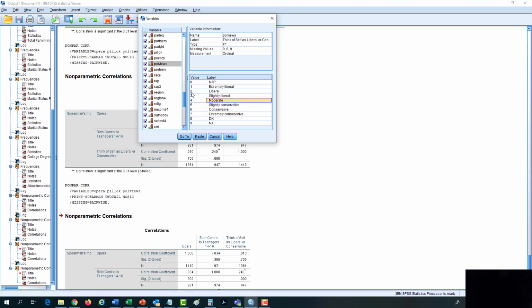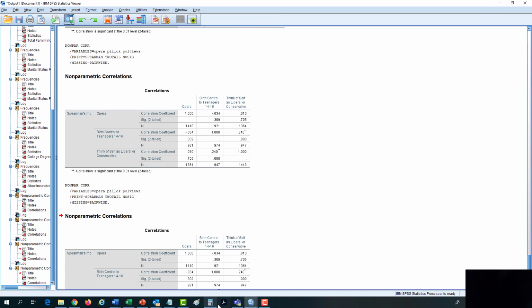So extremely liberal is 1, extremely conservative is 7. So the higher up you go, the more conservative you are. So this is saying that there's a positive relationship between thinking of self as liberal or conservative, and whether or not you favor giving birth control to teenagers. And that's a really shitty example, so let's just forget about it.